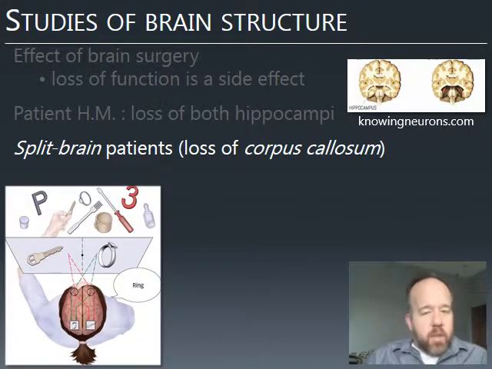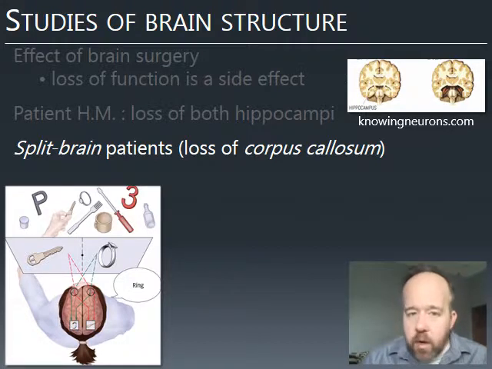And in effect, the left hand doesn't know what the right hand is doing, to borrow a metaphor. So the two hemispheres are now almost completely independent. They don't share information.